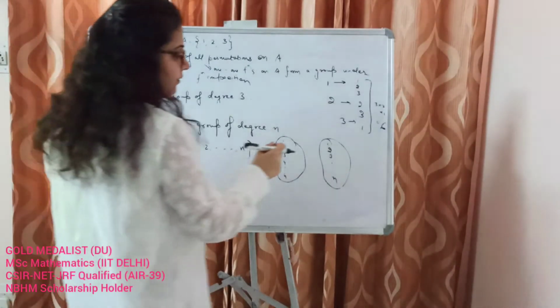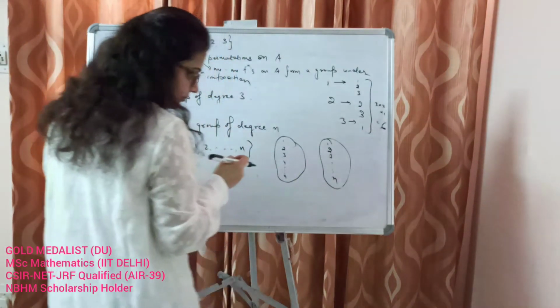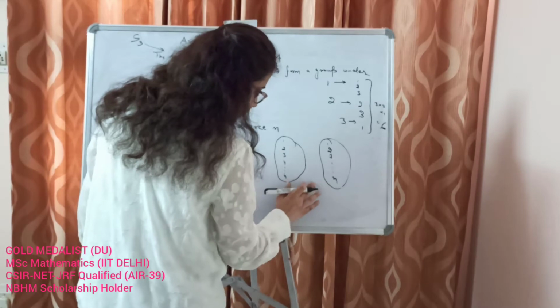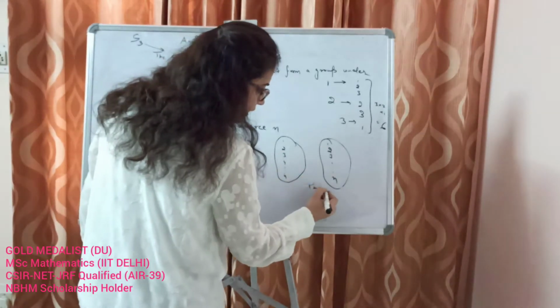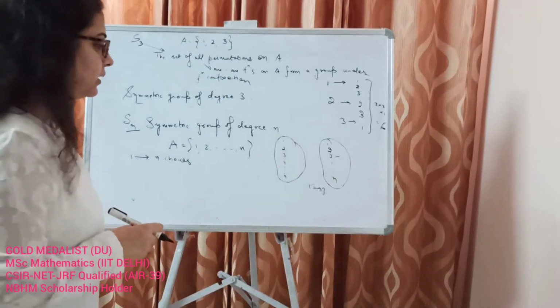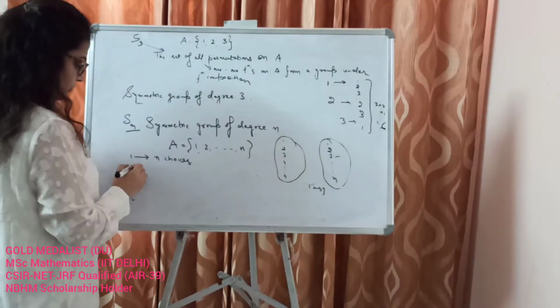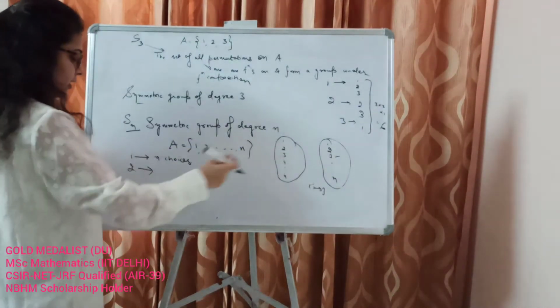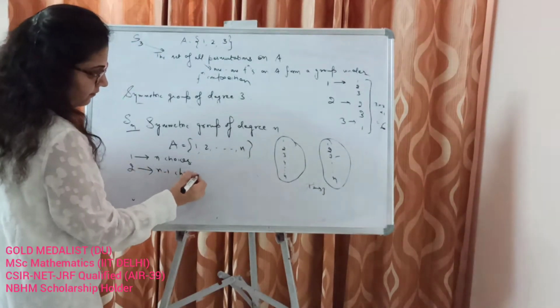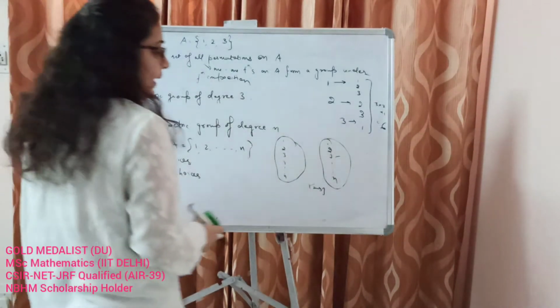Alright, say we have 1 goes to 3, leaving 3, all other n minus 1 elements can be taken up by 2. Okay, so this was just an example, but it can take n minus 1 choices. Why n minus 1?